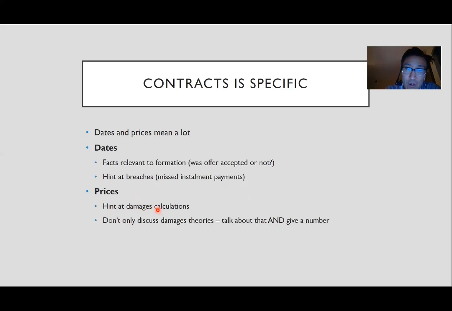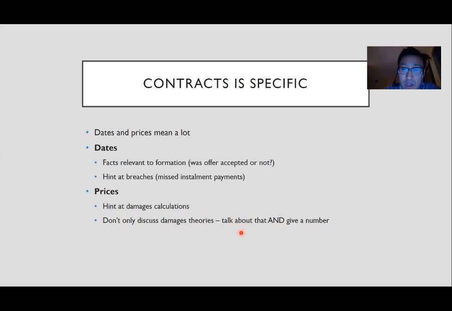Prices hint at calculations for damages. And one thing that I would really urge you to do is to not only discuss damages theories after you've determined breach, or you've at least determined that someone can colorably raise breach, such that in the alternative you go through the damages analysis to get more points.